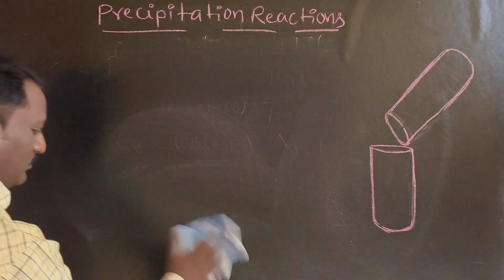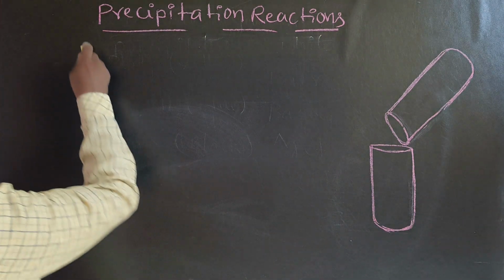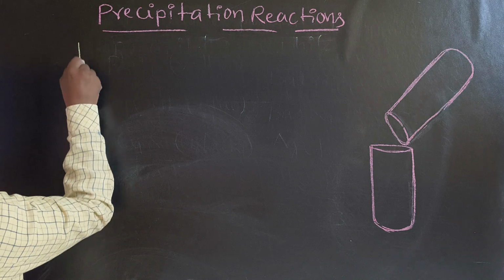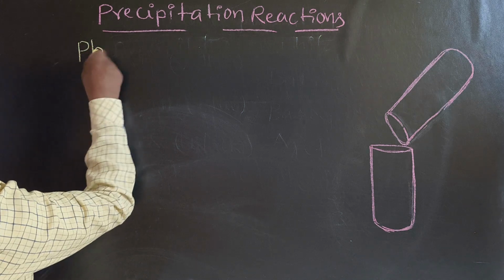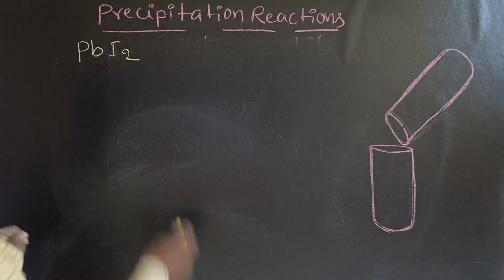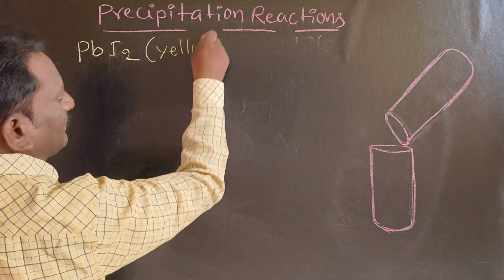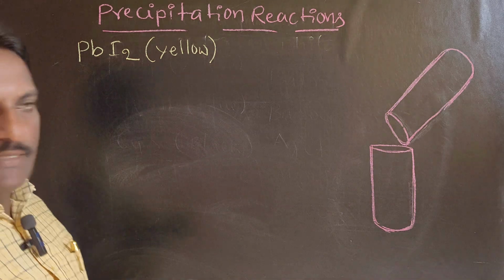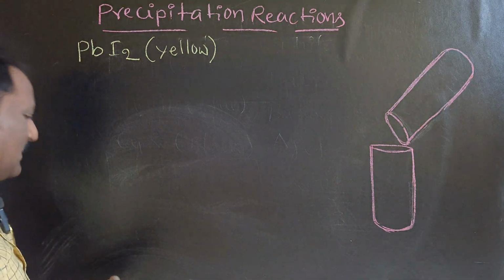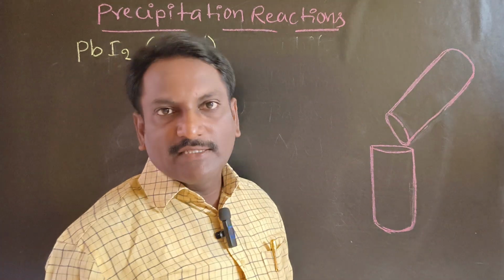Right. So now let us have a talk. Formation of yellow precipitate of lead iodide. Please make a note of it. PbI2, yellow precipitate. To get lead iodide, we require two chemical substances.